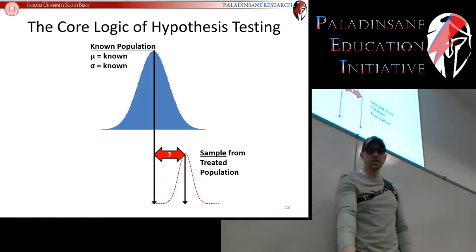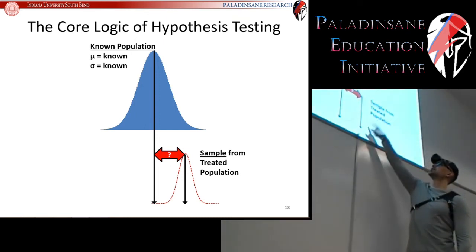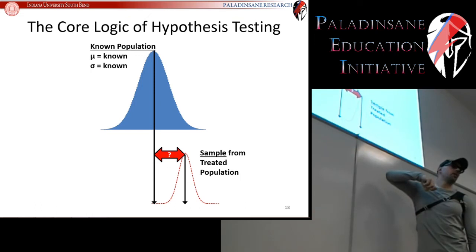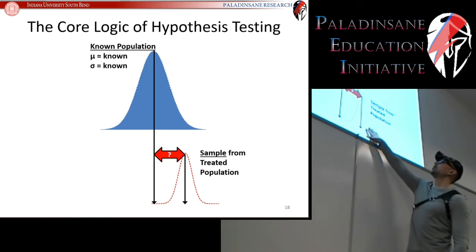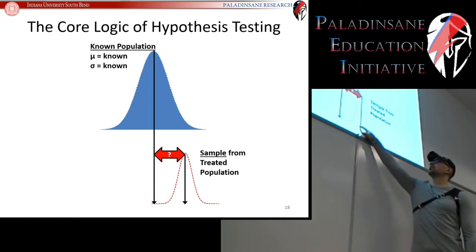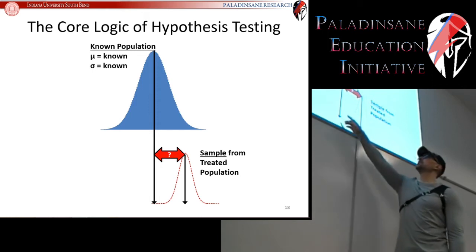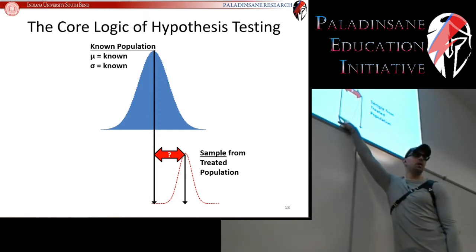Mm-hmm. All right, so we want to know, basically, does this belong to this population over here? And what we can do is we can say not whether it belongs, but what's the probability that it belongs to this population over here. In other words, what's the probability of getting this sample mean if your population has this population mean?